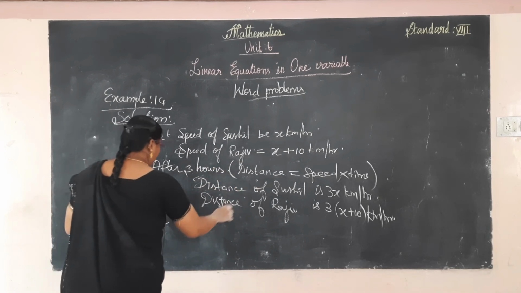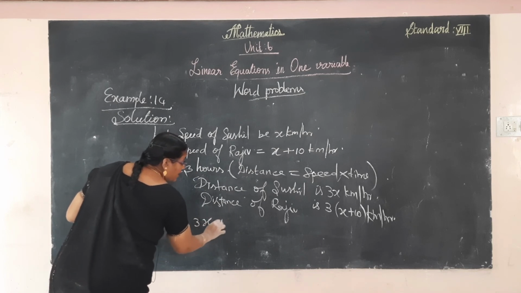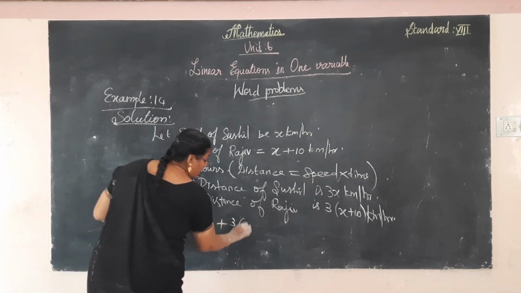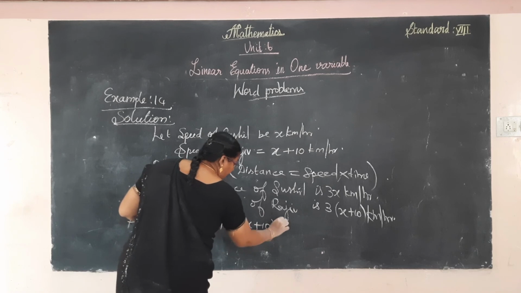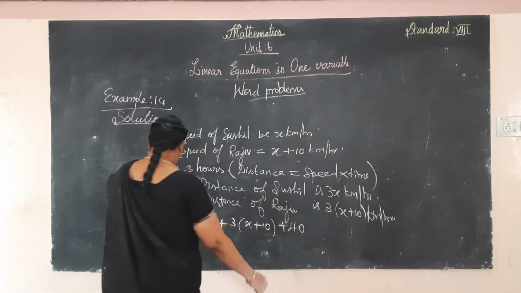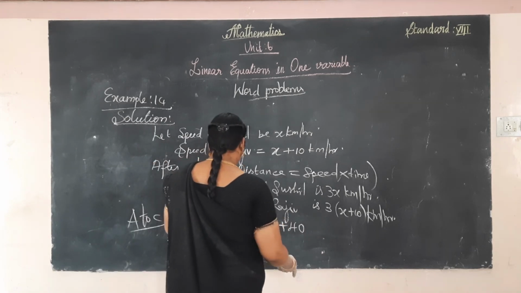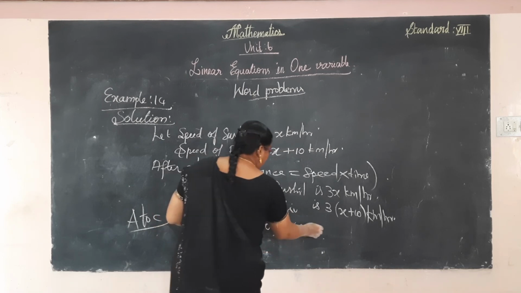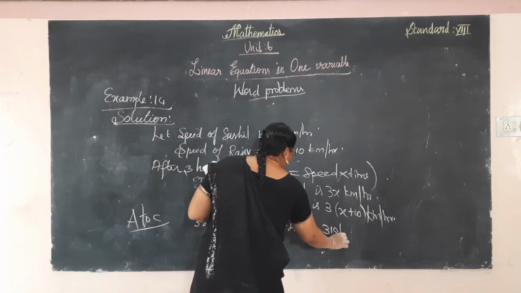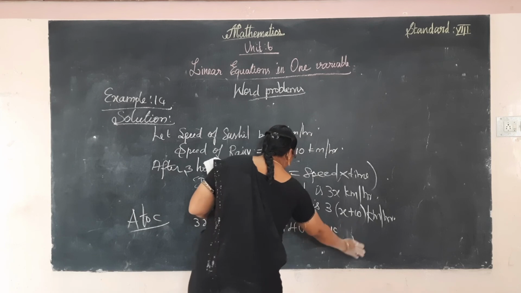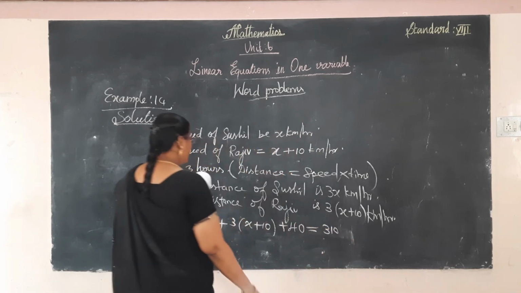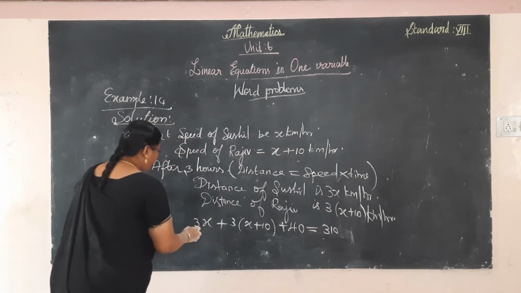So 3x plus 3 times x plus 10, plus 40 kilometer apart, and the distance between the cities is 310.